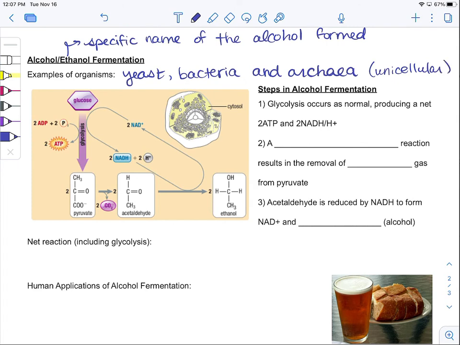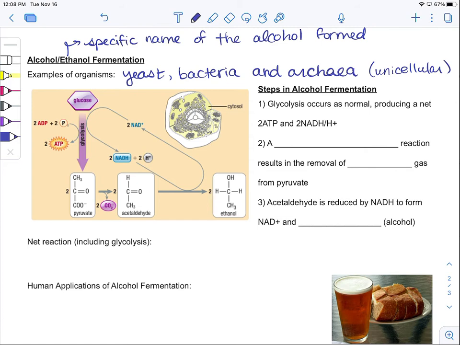So humans cannot do alcohol fermentation. Alcohol and ethanol specifically is actually toxic to us. So that's the thing that would be in, and I know you can see the picture there, things like beers and wines, etc. Those are all examples of ethanol as well. So these processes are used to actually make those products.